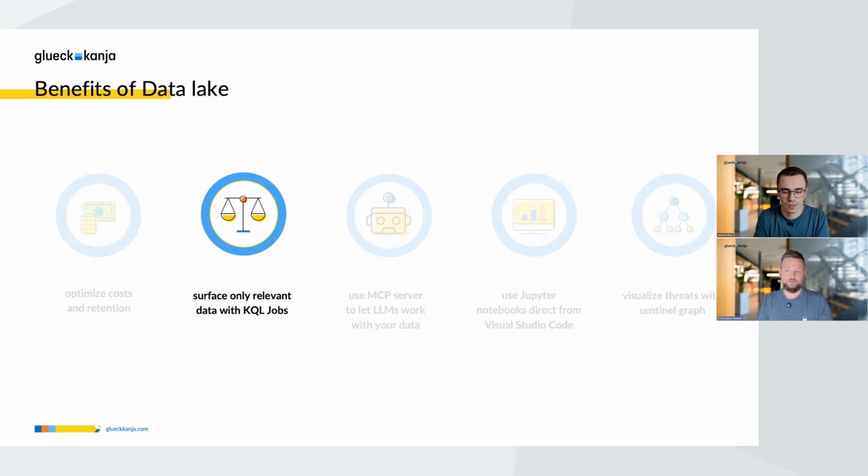In the past, that was also possible. We had a successor called auxiliary tiers and summary logs, but with Data Lake, we now have a very nice solution. Let's have a look at it.